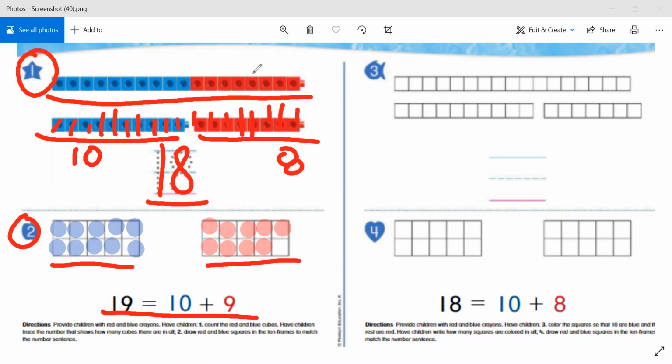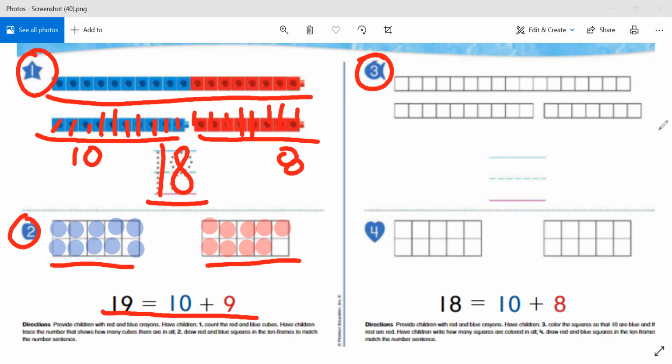Let's look at number 3. So what you do here for number 3, color the squares so that 10 are blue and the rest are red. So you're going to write how many squares are colored in all.